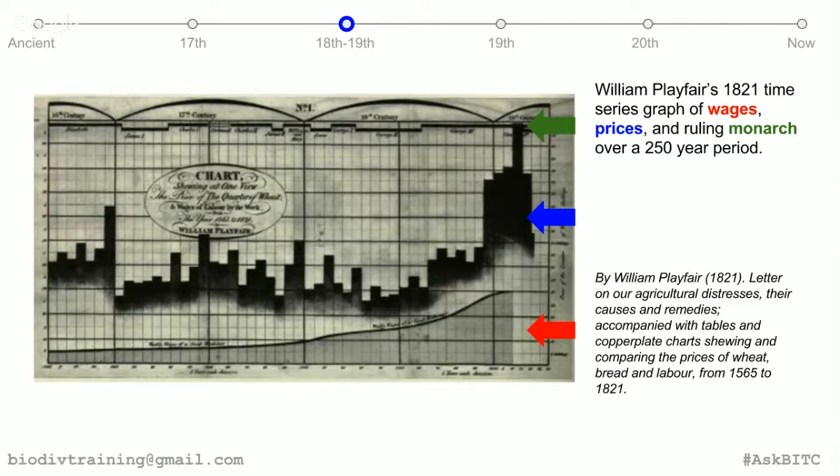The line chart at the bottom shows the increase in wages for workers. The bar chart in the middle shows the prices of wheat, I think, and the timeline at the top shows who was the ruling monarch, the king, in those years.